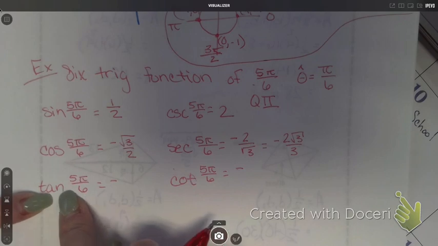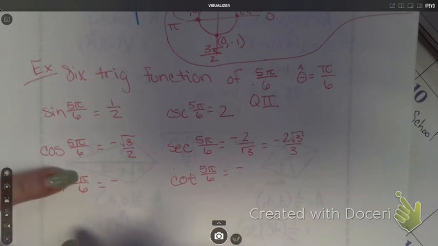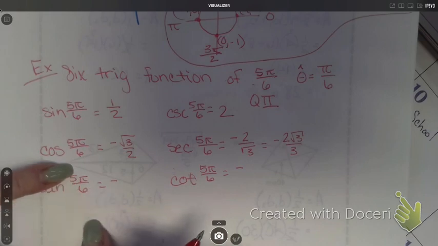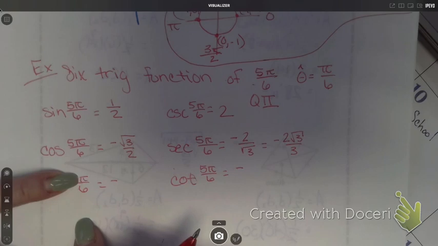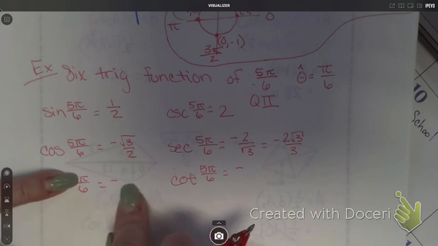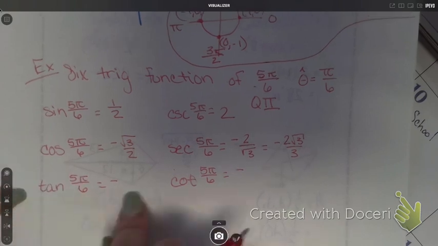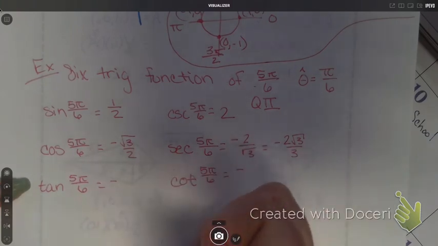Tangent of 5 pi over 6 is negative the tangent of pi over 6, because that's the reference angle. This is why I like radians, because you just cover up that number and the reference angle is right there. So it would be opposite over adjacent, so what over what?